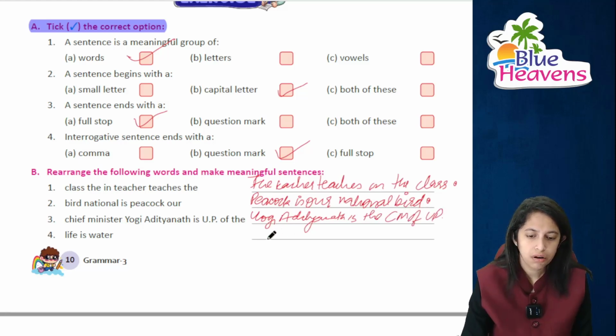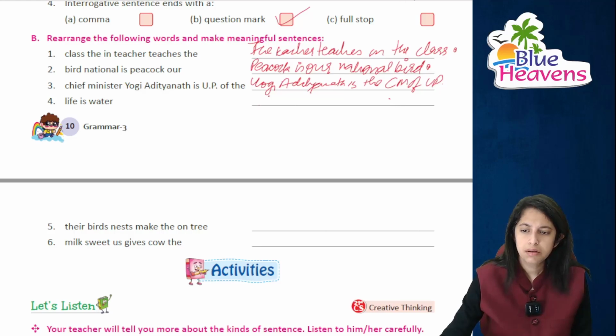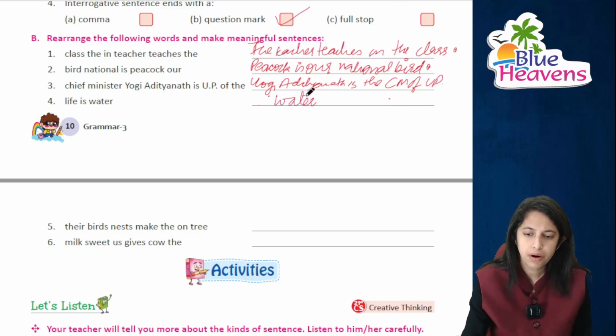Life is water. We will be doing this sentence, that is, life is water. No, water is life, right? Their birds nest make the on tree. That is, birds, जो birds होती हैं, they make their nest on the tree. The birds.